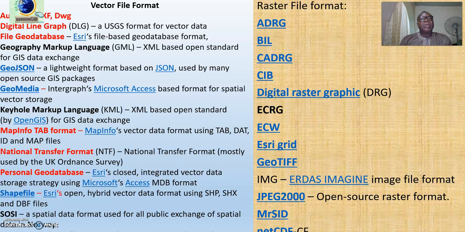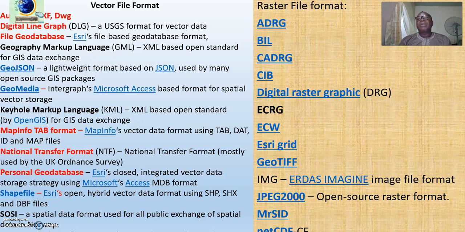You can have GML or XML, that is geography markup language. You can have GeoJSON, which is used by the open source GIS software QGIS. You can have GeoMedia, which is what Microsoft Access is using. We have different types of database in the vector environment.